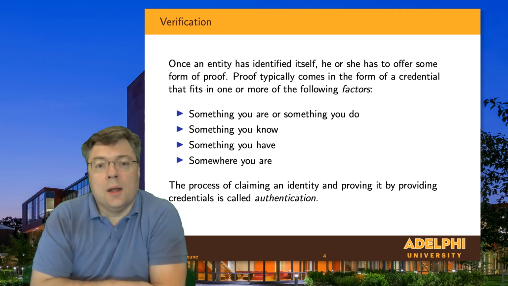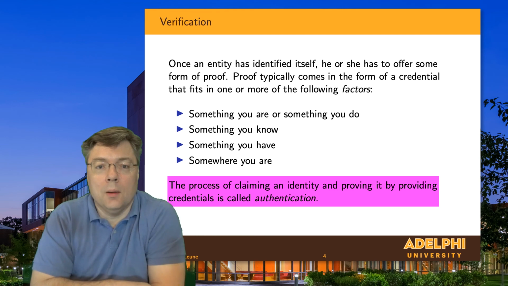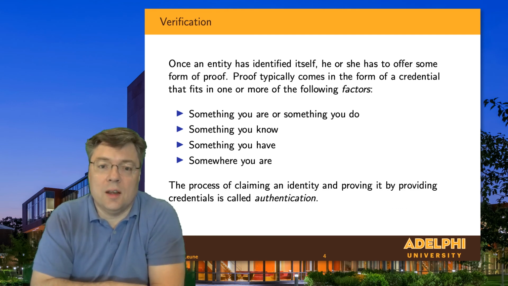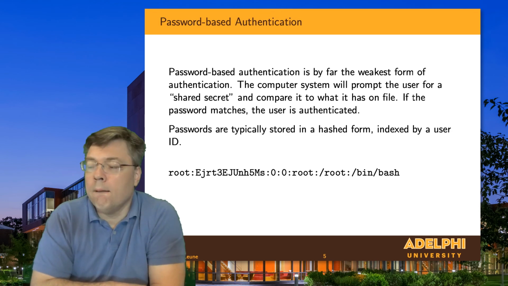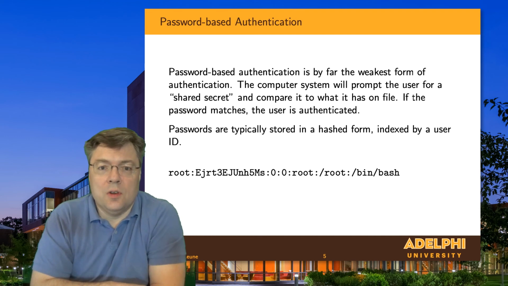The process of claiming an identity and supporting that claim by providing a credential, evidence, that's what we call authentication. Let's discuss each of these factors in a little bit more detail.